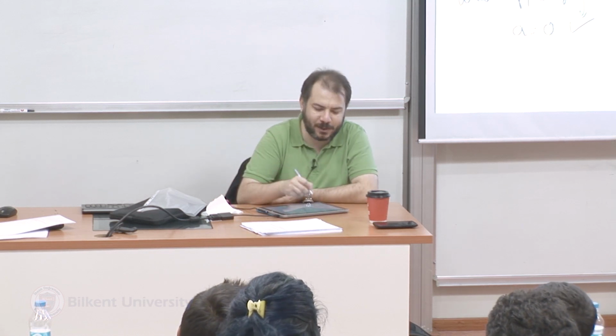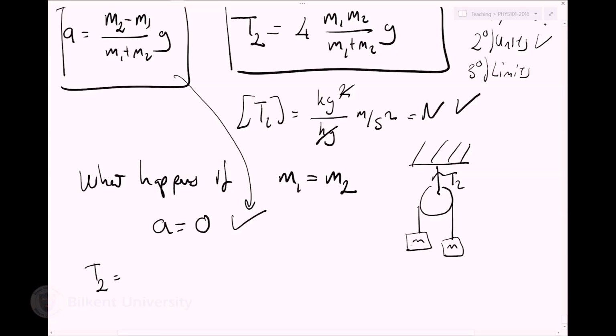Let's see if it's equal to 2mg. T2 is 4 times, both masses are the same, this is m squared, divided by m1 plus m2 which is 2m. The m's cancel, 2mg. So that limit is also correct, which means probably I've actually found the correct result here.